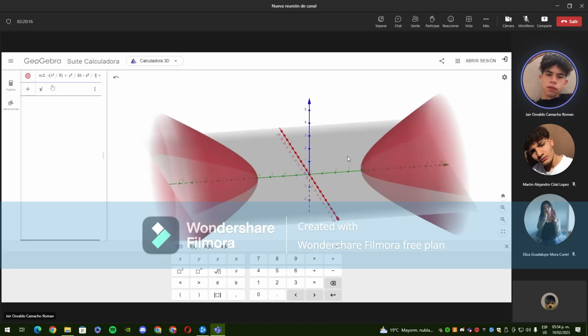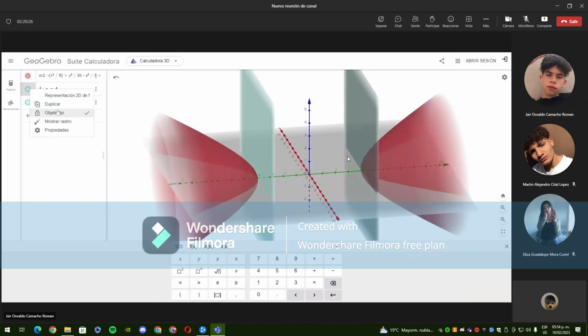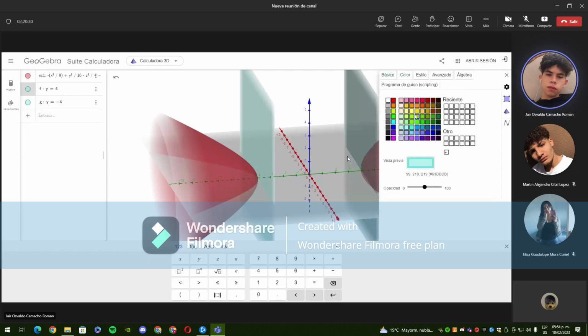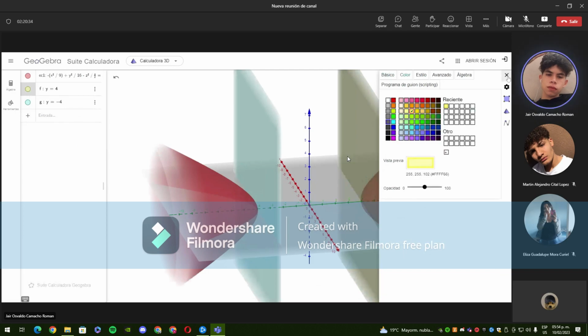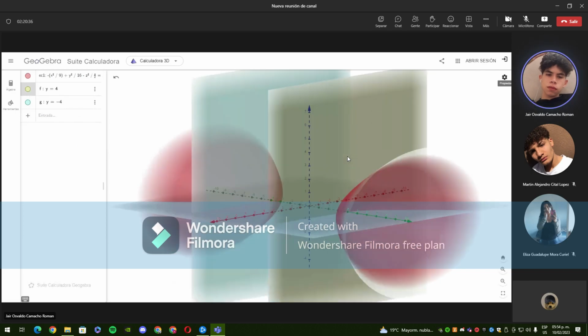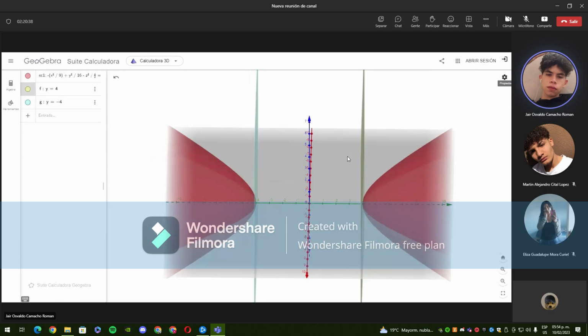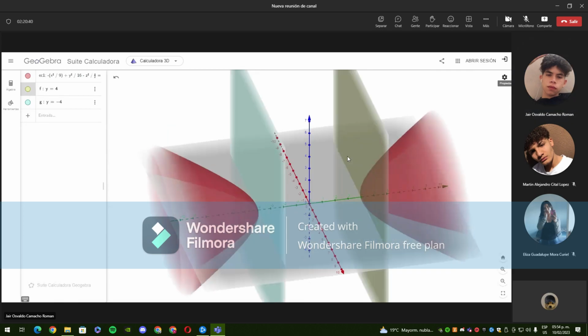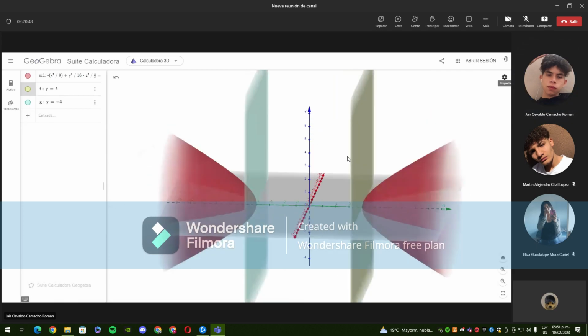In this case y equals 4 and y equals less 4. We can change the color of the two leaves used here when the hyperboloid begins, less 4 and plus 4.